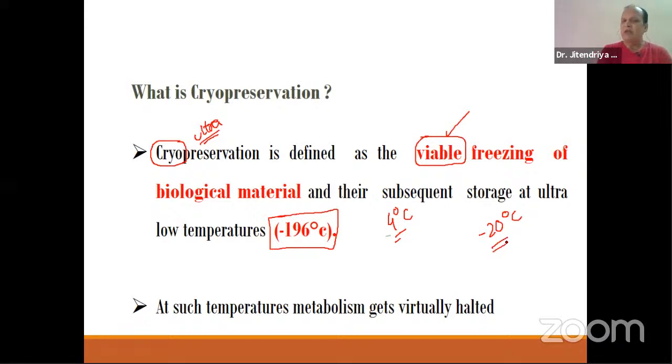So why is minus 196 degrees Celsius needed in cryopreservation? Because metabolism is totally stopped, virtually halted. Once the material is incorporated into this temperature, all metabolic processes, whether anabolic or catabolic, are stopped.